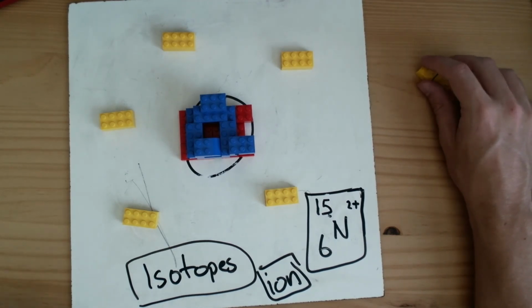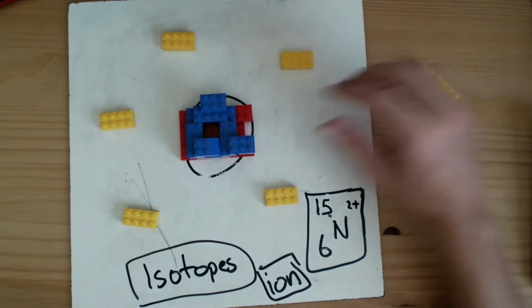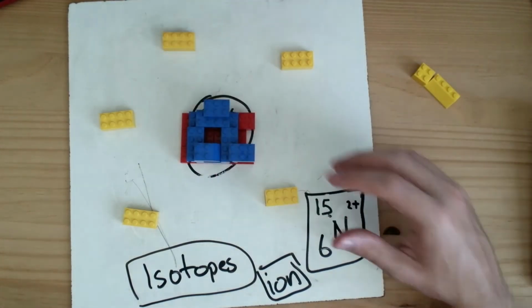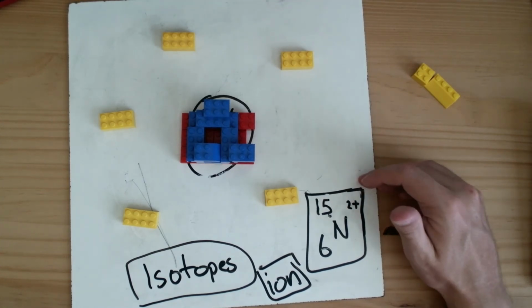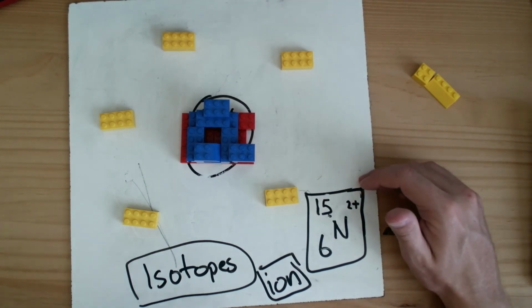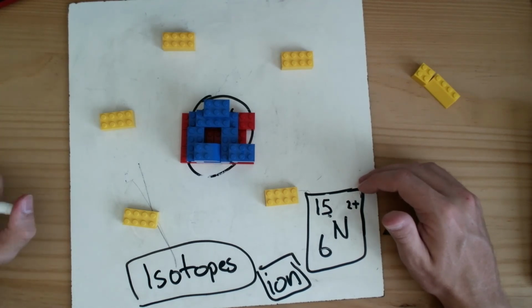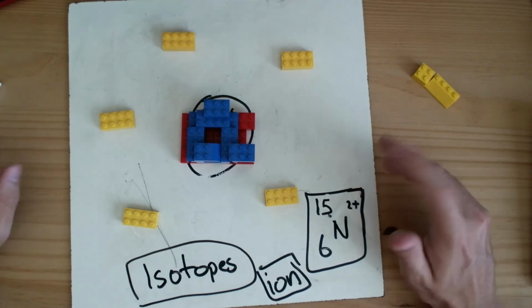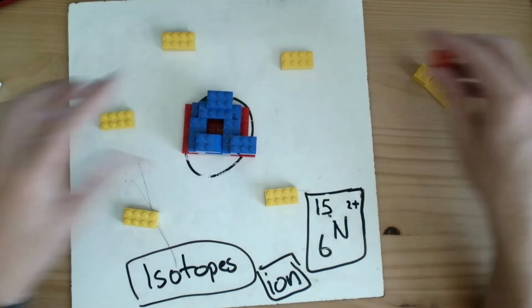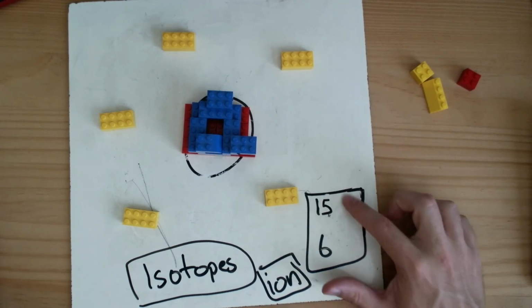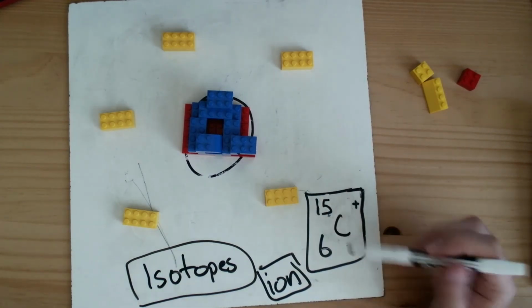So those are isotopes and ions. So little changes to the atom can change how it behaves. This isotope of nitrogen is positively charged. It would be attracted to something that's negatively charged, kind of like when we talked about electrostatic electricity. But if I take a proton away from this thing, I can switch this thing back to carbon.